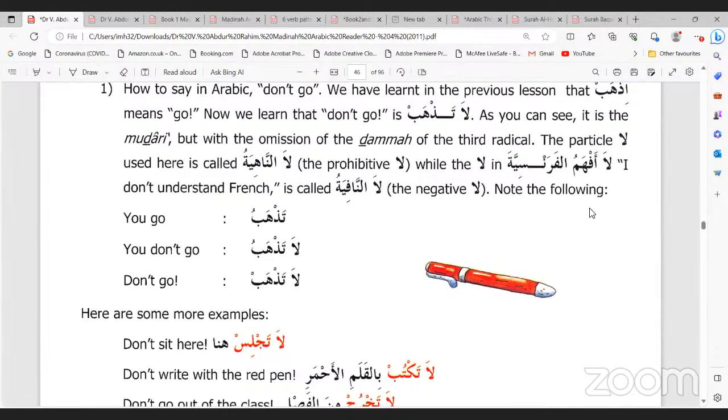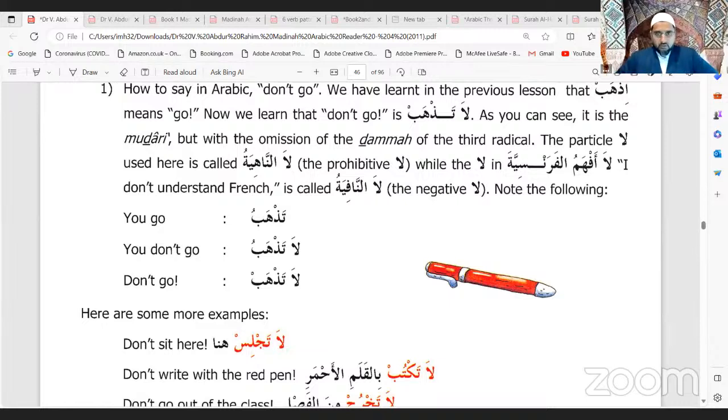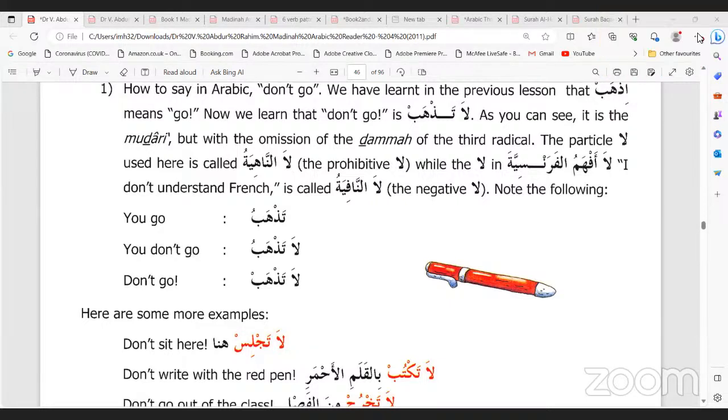While the la in la afhamu Faransiya, I don't understand French, is called la nafiya, the negative la.